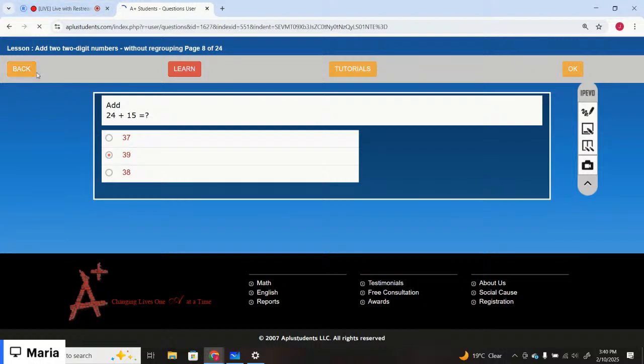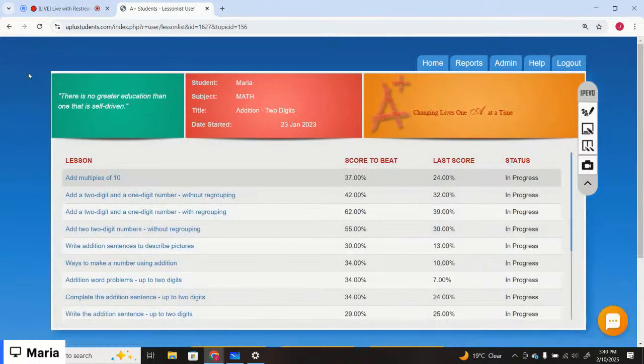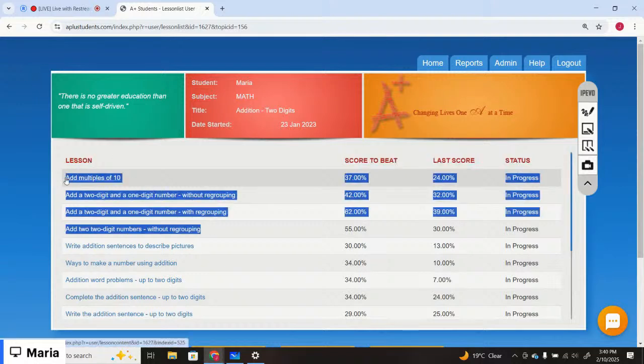So we were working on grade 2 math. If you're working on the chapter addition two digits, the lessons we have covered today are add multiples of 10, add a two digit and a one digit number without regrouping, add two two digit numbers without regrouping.